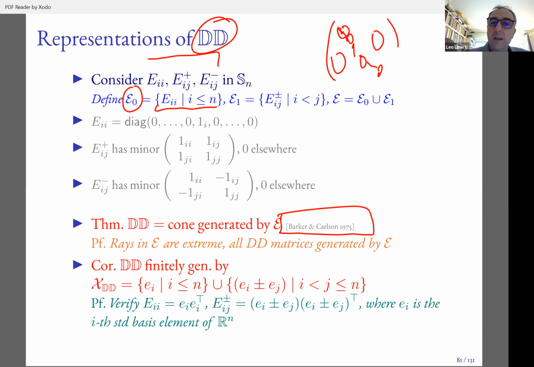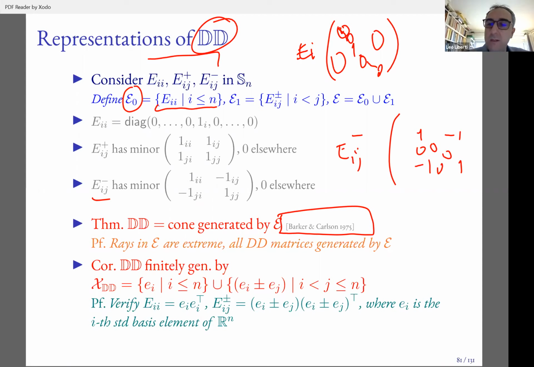These are the E_i's. And then the others, E_ij plus and E_ij minus, have a minor made of 1s and zeros elsewhere. So for example, E_ij minus could be 1 and then -1 here, -1 here, 1 here, and then zeros elsewhere.